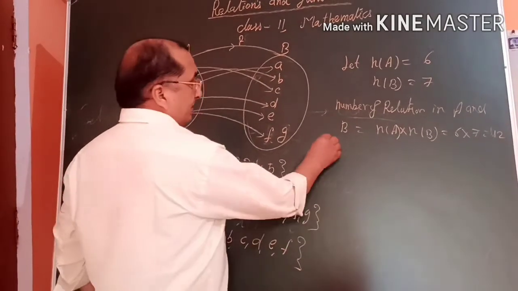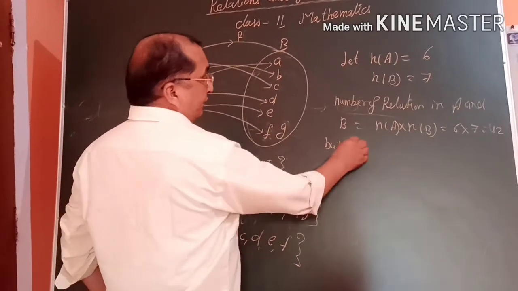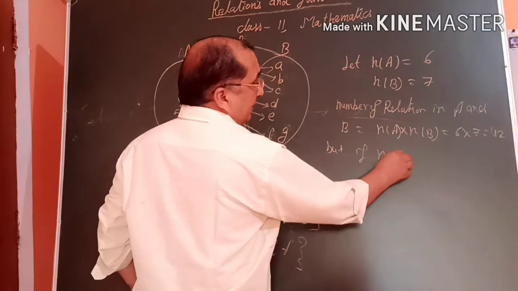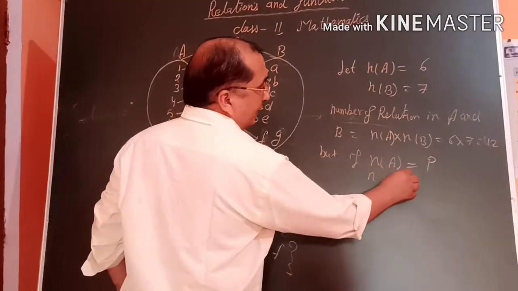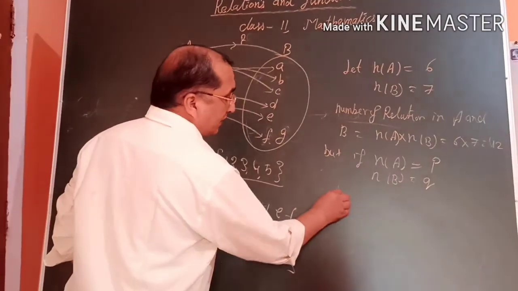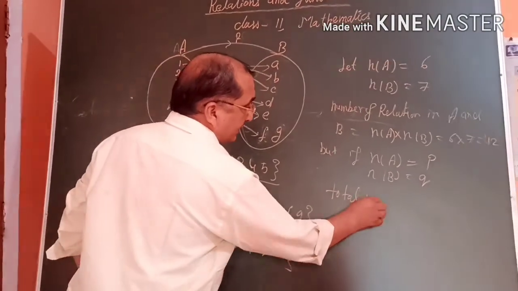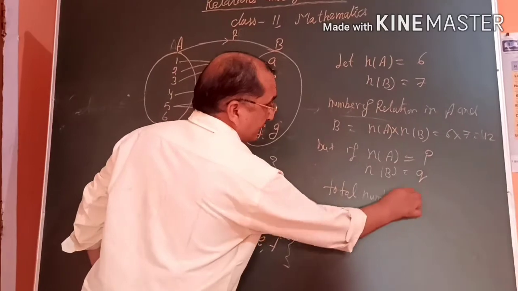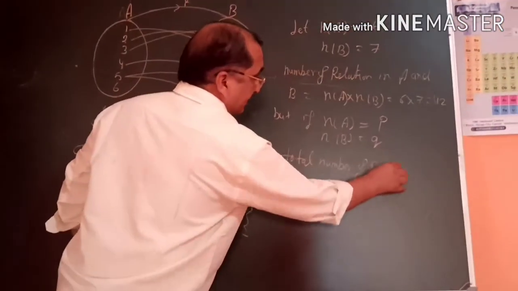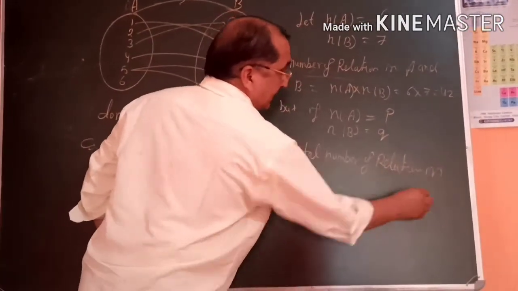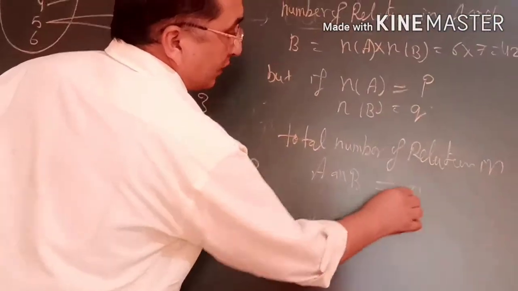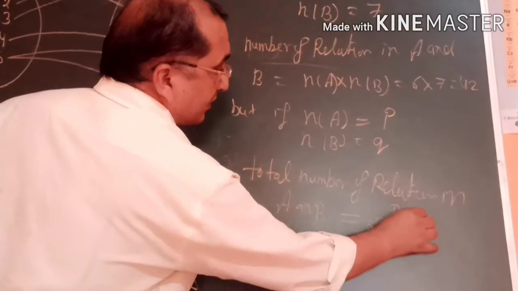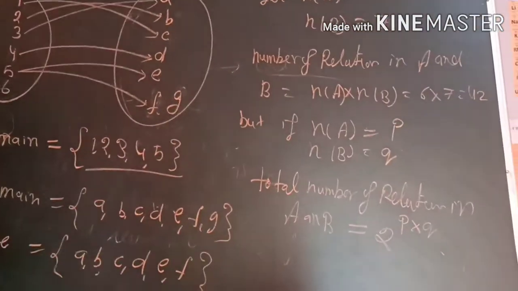But if n(A), the number of elements in A, is p, and n(B), the number of elements in B, is q, the total number of relations in A and B is equal to 2 to the power of p cross q. This is a very important thing.